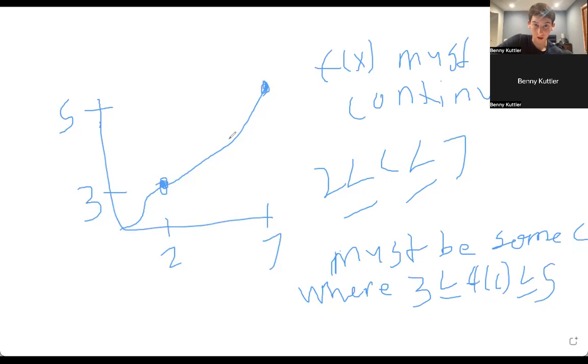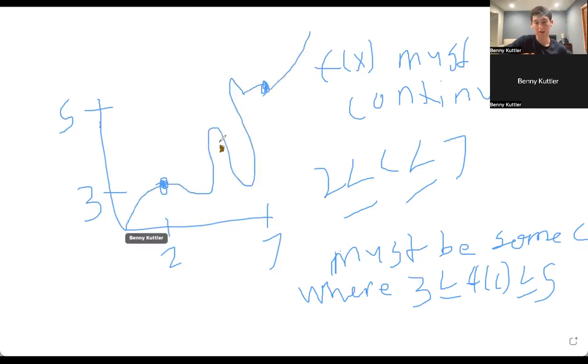So this number is probably around 4. Then this is probably something like 4. This value has to exist. Doesn't matter what the function looks like. Like let's say instead we had this crazy function like this, then it doesn't matter.